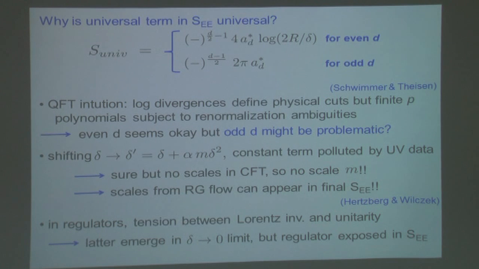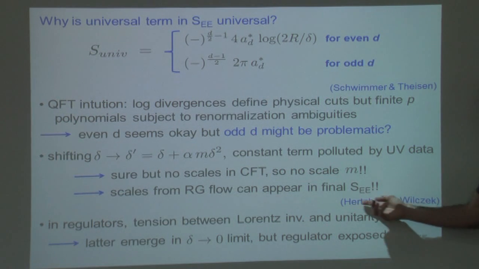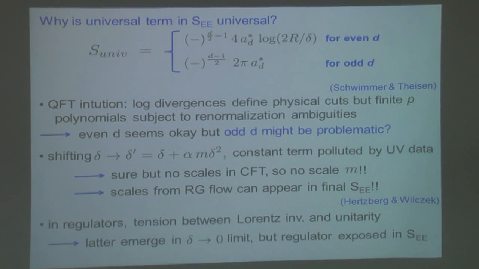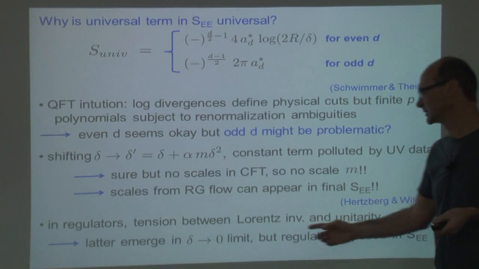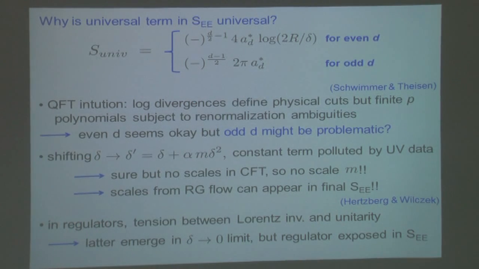Another worry is that when I'm thinking about regulators, our favorite regulators, there's typically a tension between Lorentz invariance and unitarity. I can have regulators that are Lorentz invariant, but it typically involves introducing non-unitary degrees of freedom. Alternatively, we can do things that are unitary, but we typically have to give up Lorentz invariance.